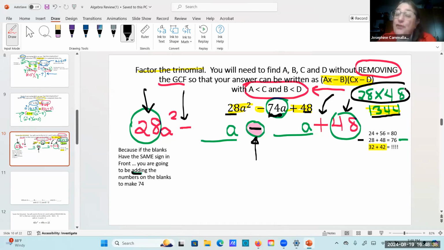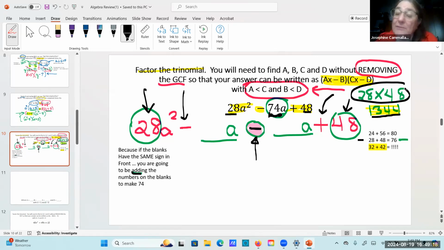The number that was 4 units smaller: think about 28 is 4 times 7, go 4 times 6. That's where I got 24. When I divide 24 into 1,344, I get 56. I add 24 and 56 together, I get 80. Well, 80 is bigger than 74, so I went in the wrong direction.